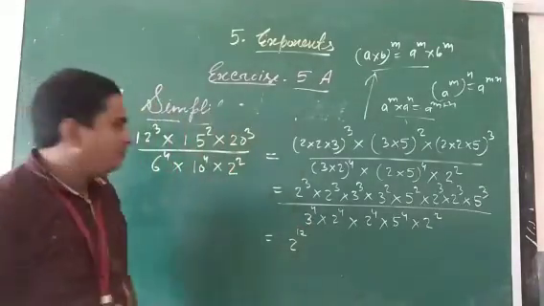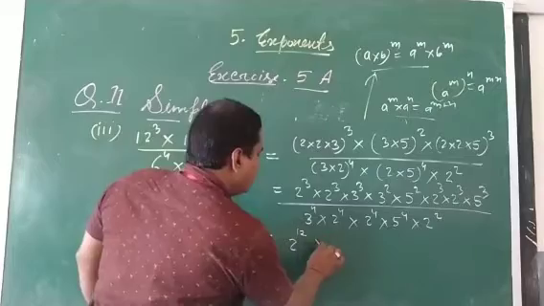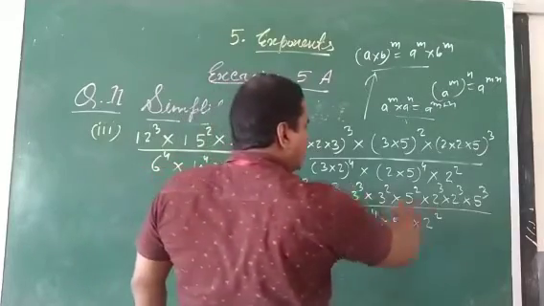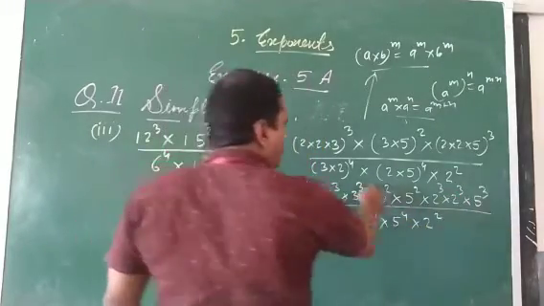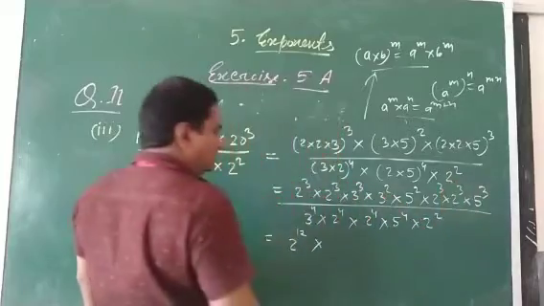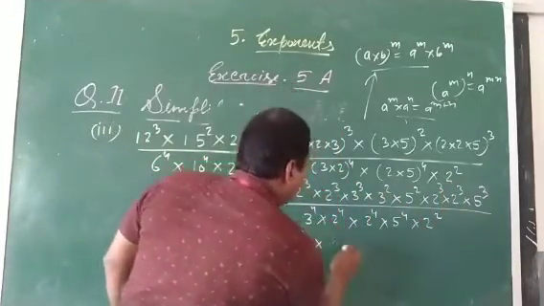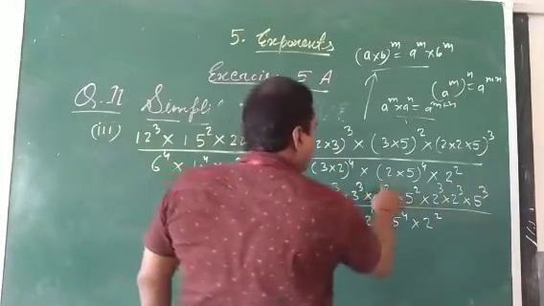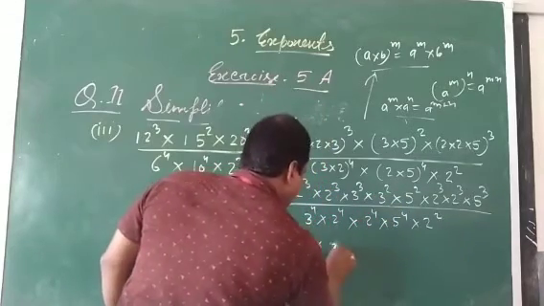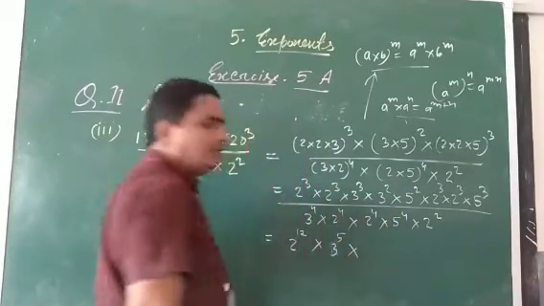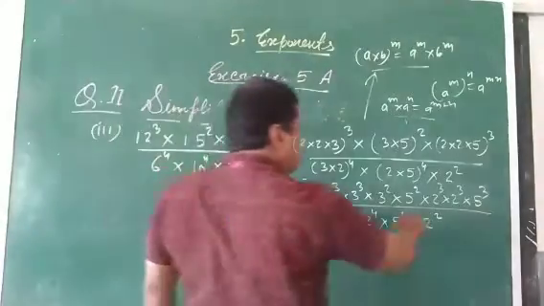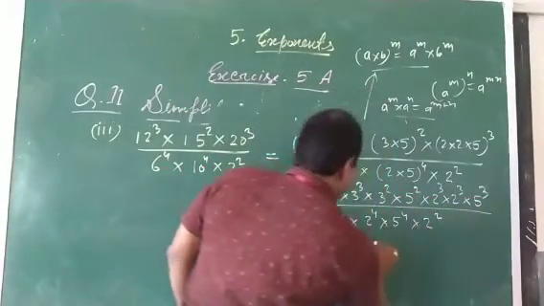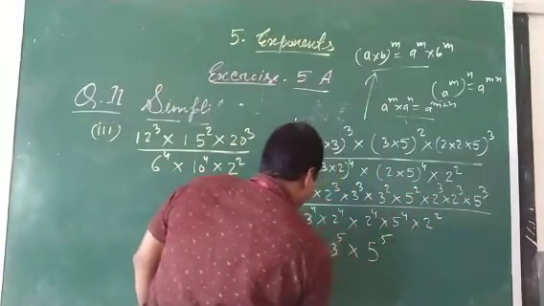Now 3 power 3, any more? 3 power 2. No more. So here 3 power 3, 3 power 2 gives 3 power 5, and 3 power 5. Now here 5 power 2, 5 power 3, 5 power 5.